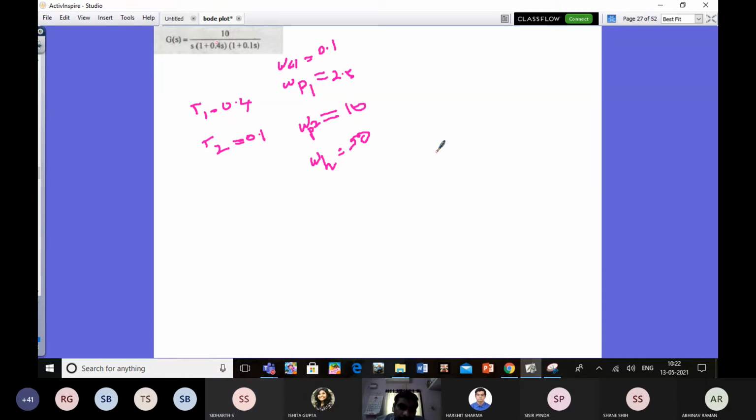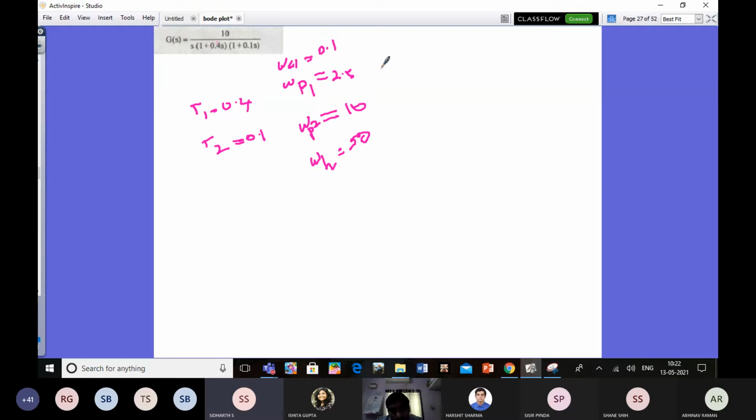What is the next step? We will determine the slope at each amplitude point. Tell me the approximate slope. Which is coming first in the transfer function, pole or zero?